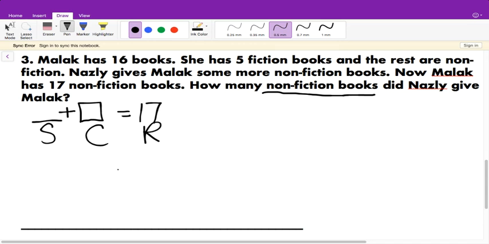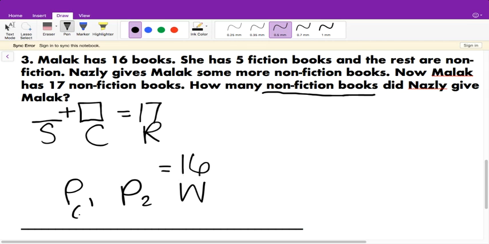Okay, so I know that she has 16 books altogether, some fiction, some nonfiction. So I know that I need to do a compare equation. No, that's right. I need to do a part, whole. Okay, so part 1, part 2, and the whole. We know the whole is all of her books together, which is 16. Part 1 is fiction and part 2 is nonfiction.